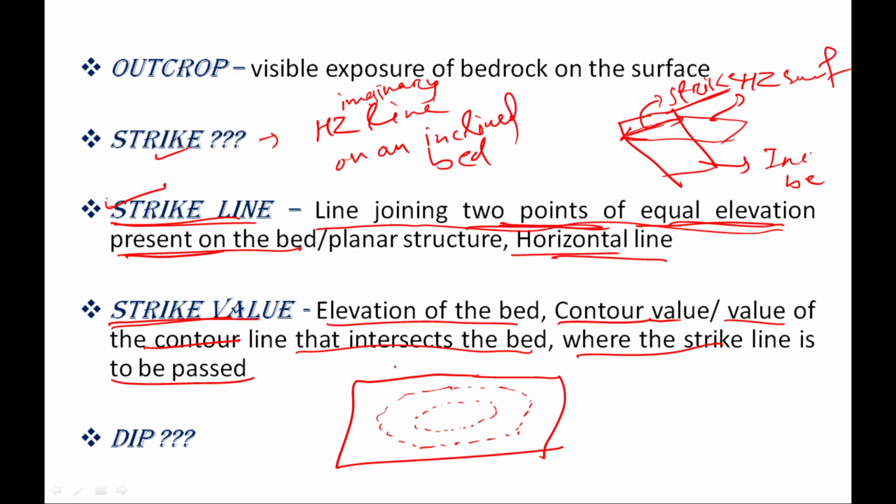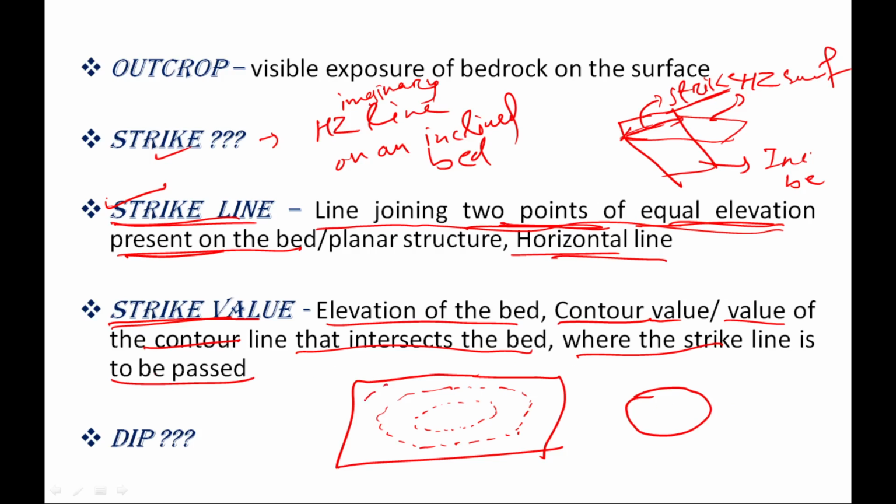So yes, the contour lines are not always dotted, we can draw like this, but when we are using different colors, then only for our easy understanding to differentiate between contour and bed or outcrop, here I use this dotted pattern, but we can use different colored lines, right?